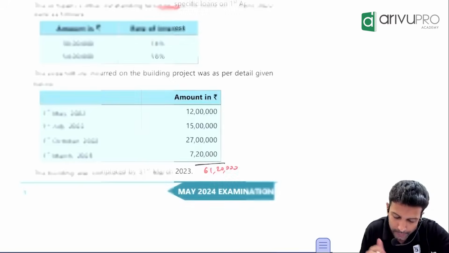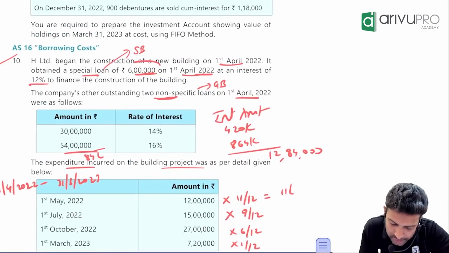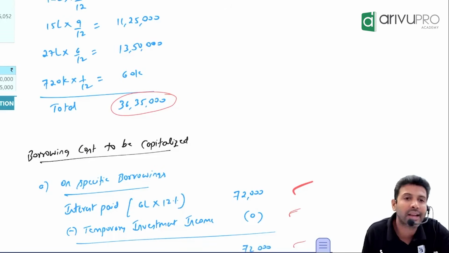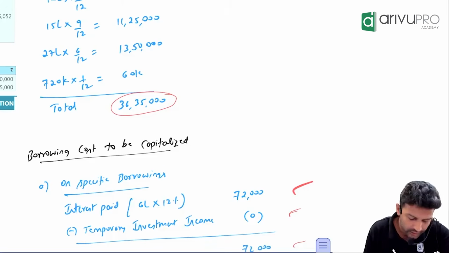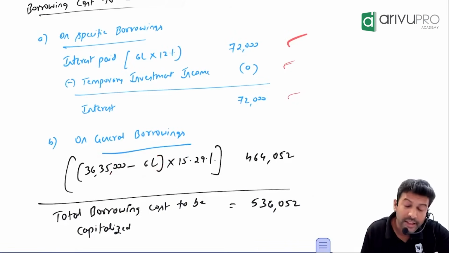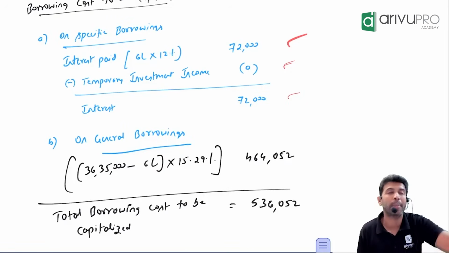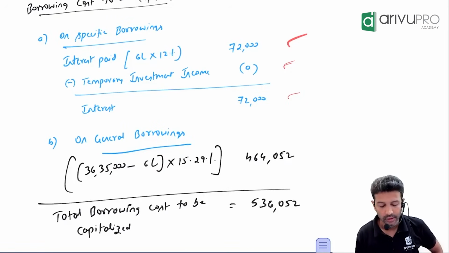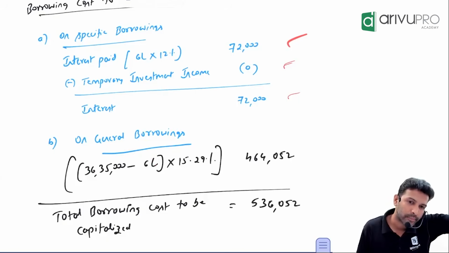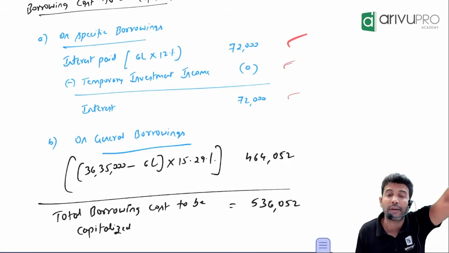Specific borrowing also. How much is specific borrowing? 6 lakh. That means out of this 36 lakh 35,000, 6 lakh is from specific borrowing. So how much came from general borrowing? 30 lakh 35,000.